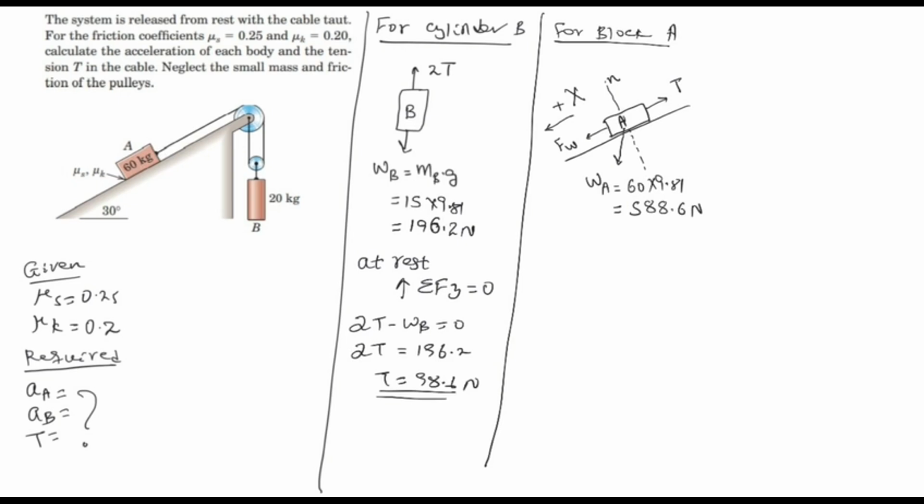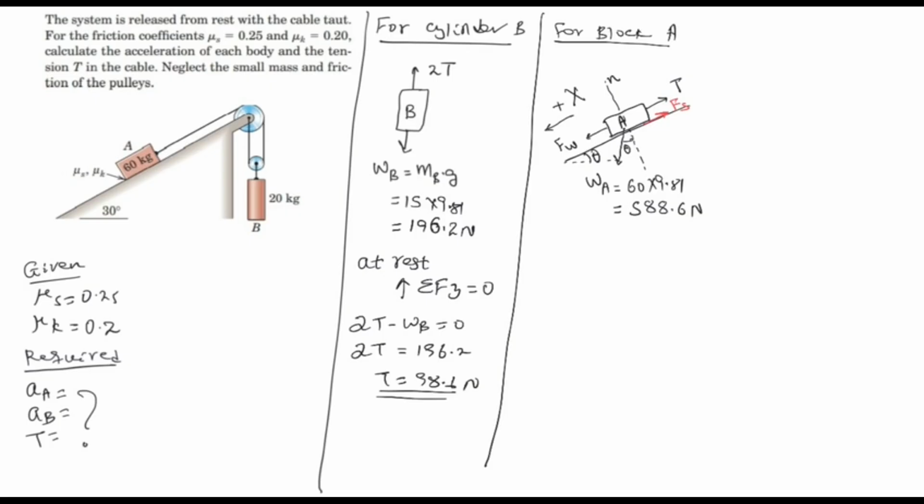This is the weight of A. And this is angle theta, and this will become also angle theta. And then we'll have a frictional force which is trying to oppose the system in the upward direction, that means static frictional force, because the object is now considered at rest, and we are trying to see whether the object could move with the implications of the overall force or not. We are trying to solve that one.